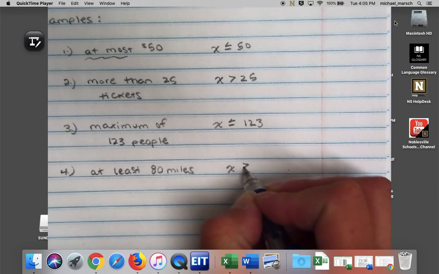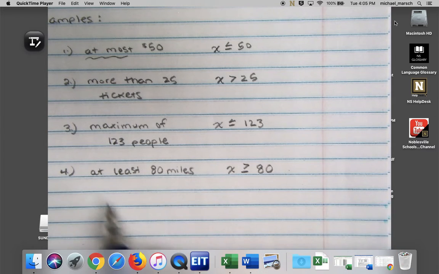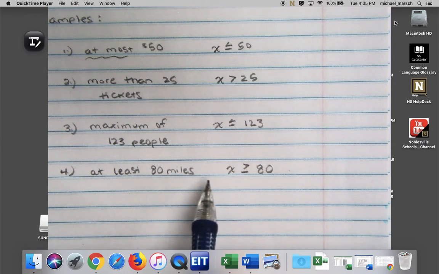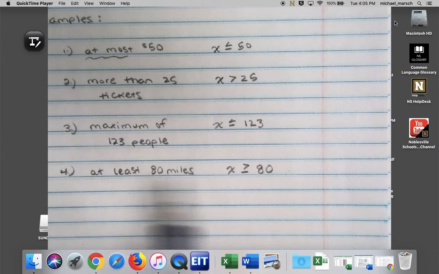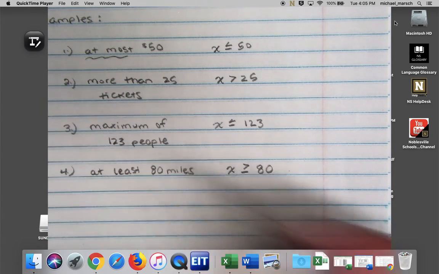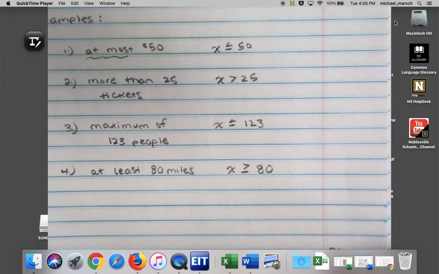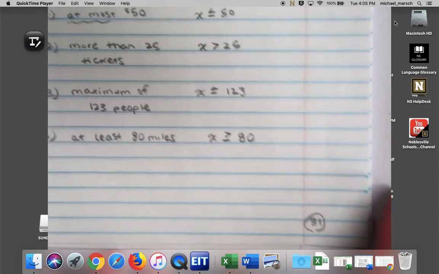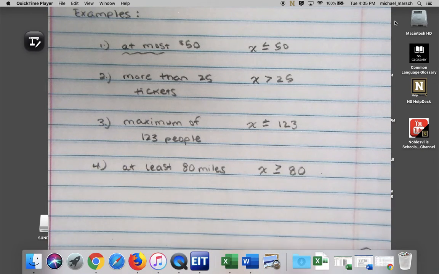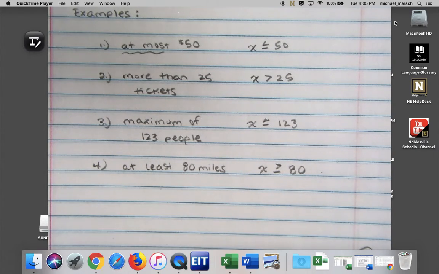So X would have to be greater than or equal to 80, meaning if I'm going to train to run say a marathon, I would want to run at least 80 miles in training to prepare for that run. I'm not a runner, so maybe that's not very accurate, but that's how I would interpret that. So this is page 31 for my notes. Okay, so that's the beginning of our solving and graphing inequalities. This should be review in theory.